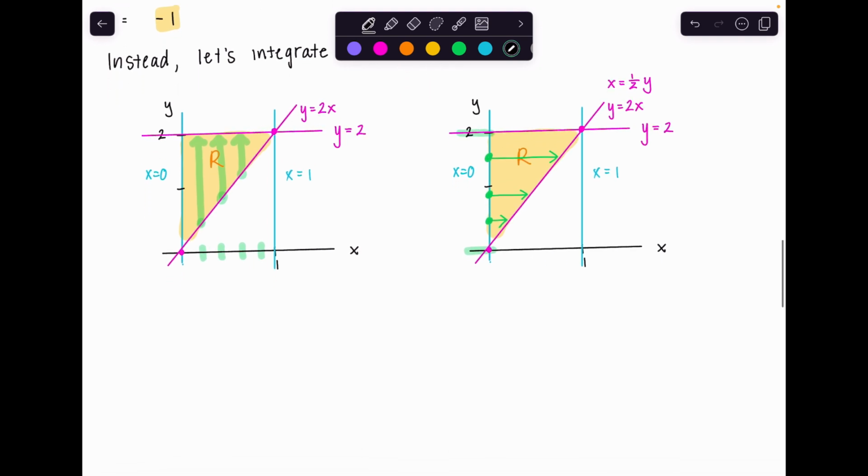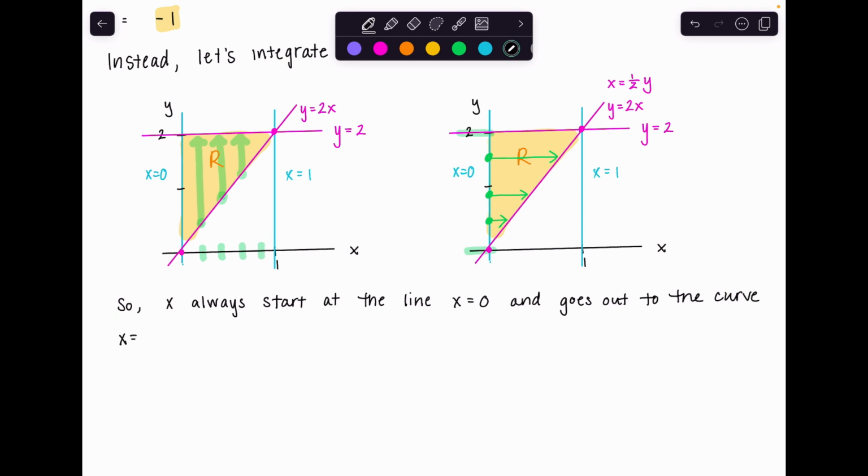So here, what's going on is x always starts at the line x equals 0 and goes out to the curve x equals 1/2 y. And then y changes between the constants 0 and 2.